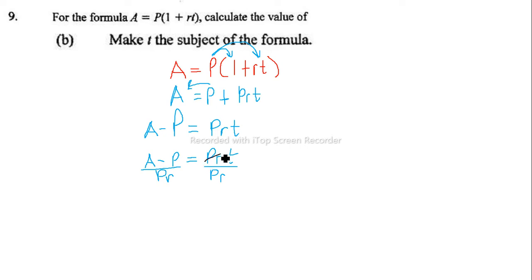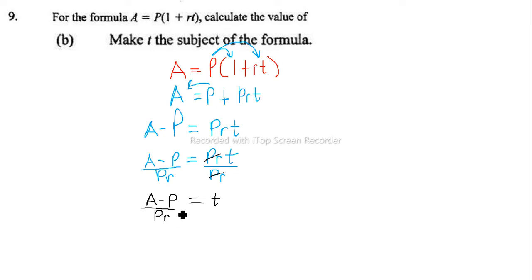So these two cancel out. So we are left with what? Simply T. T is equal to A minus P, divided by what? PR.